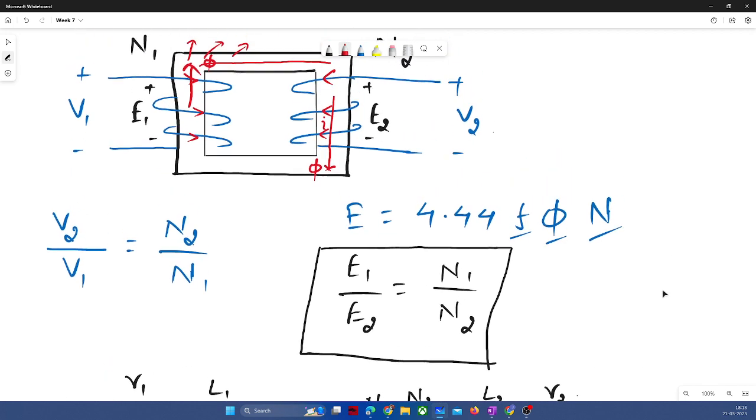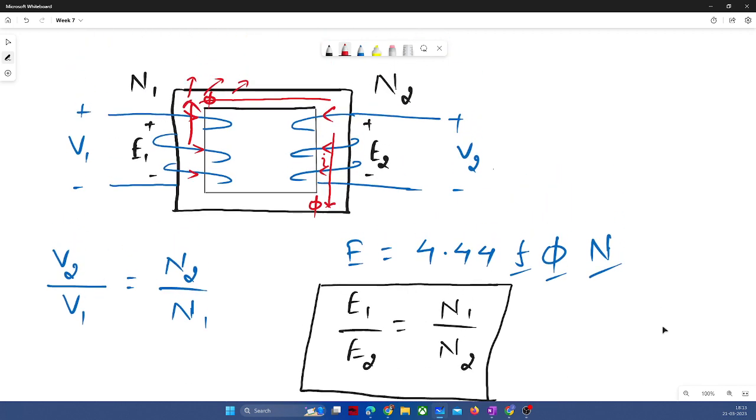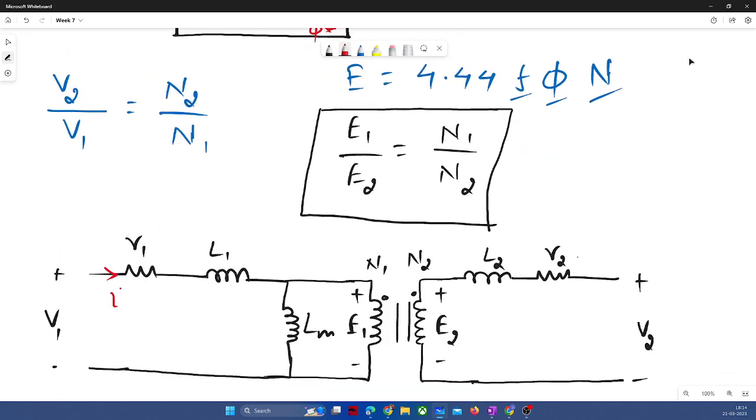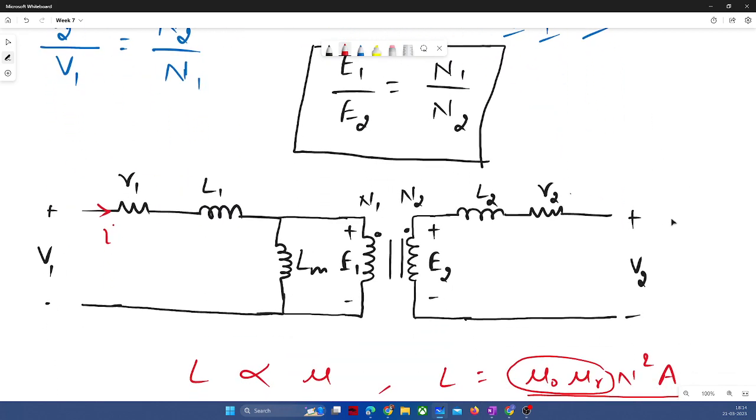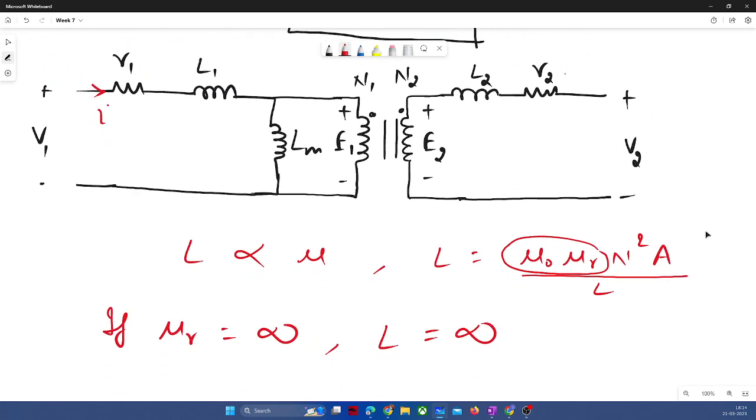So in that case, what about the actual inductance of the primary winding itself? That does not need to be considered. Actual inductance of the primary winding, you mean the wire coil inductance? Yeah, that is there. See, let me draw the equivalent circuit, then it will be clear.